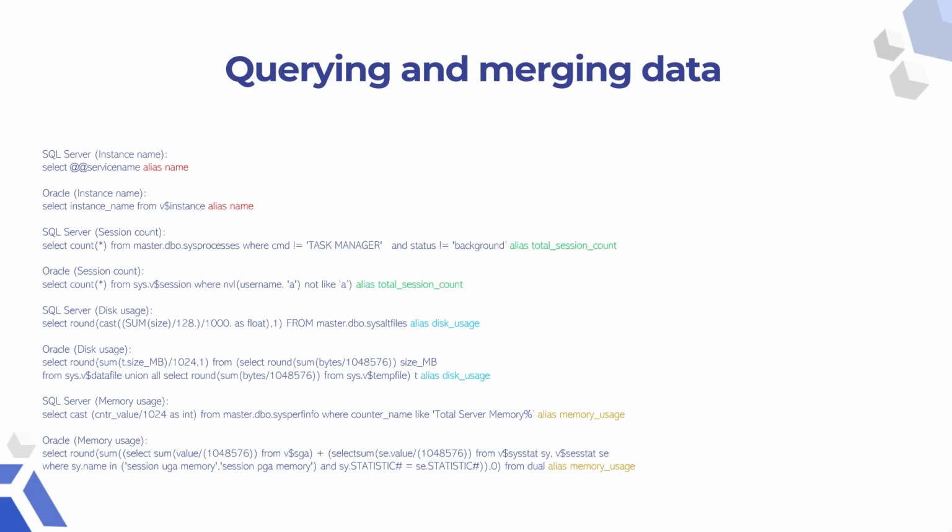So we give the name of the instance query, the alias name, the query behind the session count, the alias total session count, the query for disk usage, the alias disk_usage, and the memory usage query, the alias memory_usage. And this way, at least when we have found the right query, it will stay right. And if we need to correct it, it's a simple query that it can be easily understood.